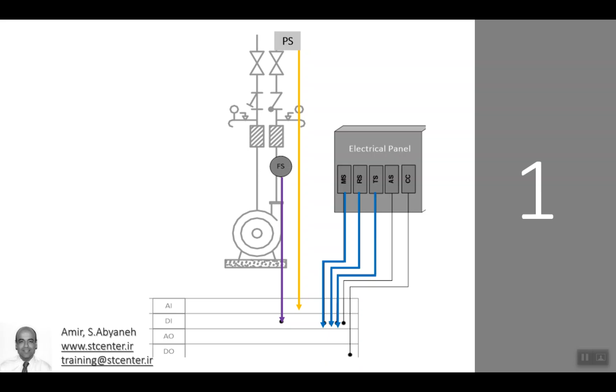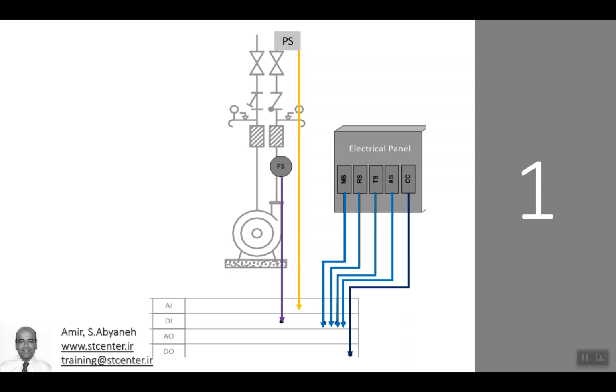We need to know if the motor is working fine or not, so we need to read the trip status, another digital input. And we should know if the selector is placed in automatic, so we need the other digital input. So in total we need 4 digital inputs from this side.